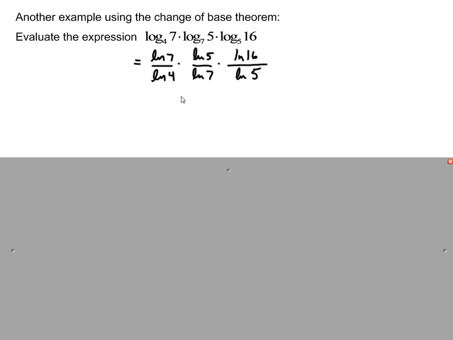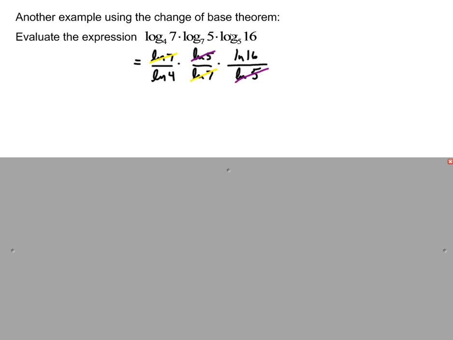And now let's see what's happened right here. It looks like we've actually come up with a couple of like factors that can be canceled in the numerator and denominator of each of these expressions. And so that's what I'll do. I'm going to cancel this natural log of 7 with this natural log of 7, and I'm going to cancel the natural log of 5 with the natural log of 5.